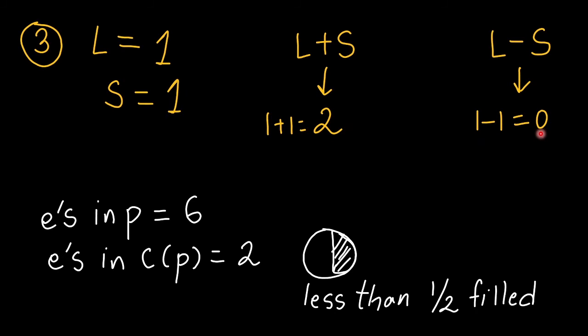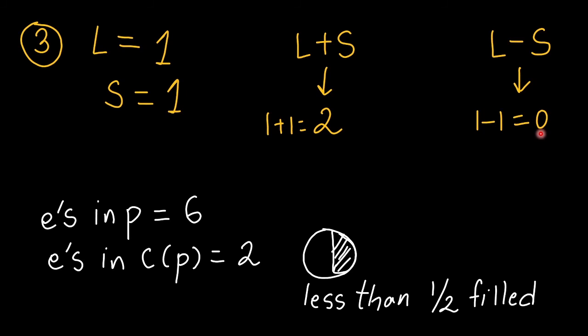Now, as you can see, the number of electrons that the p orbitals can contain is 6, but we have only 2. It's less than half, right? So when it's less than half, what do you consider, L plus S or L minus S?